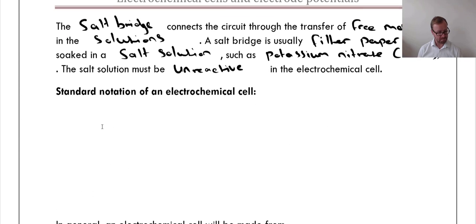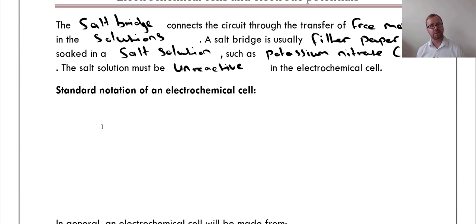So, standard notation of an electrochemical cell. Depending on your board, you might need to know this, you might not. It's always very useful because it usually appears in textbooks anyway. If you are writing standard notation of an electrochemical cell, you don't have to draw it all the time. Sometimes you can just write it.